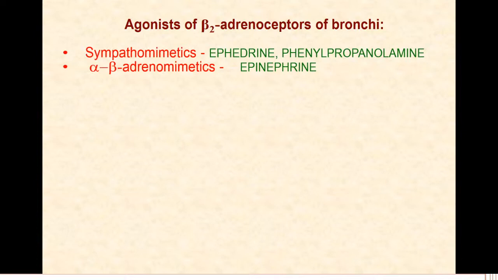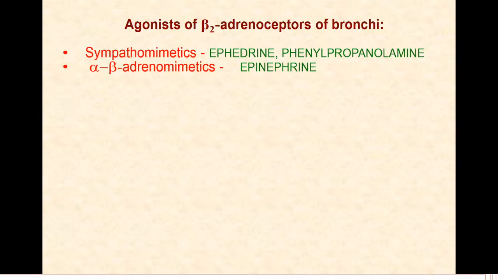More precisely, alpha-1, alpha-2, beta-1, beta-2, beta-3. So epinephrine is a non-specific adrenomimetic. It stimulates all kinds of adrenoceptors. And comparatively, epinephrine acts more on beta adrenoceptors than on alpha.